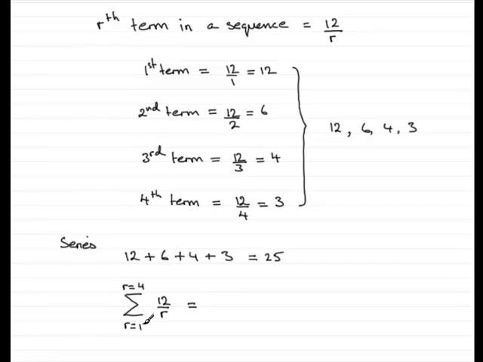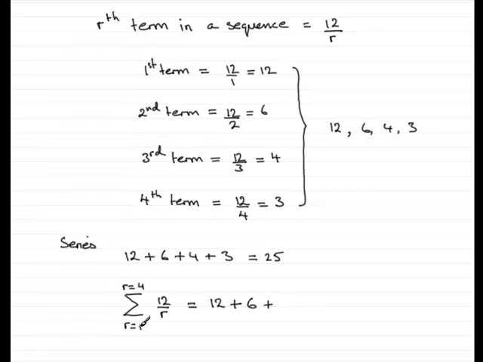Well, what we do is basically the same as what we did here. We set r equal to 1 and we get 12 divided by 1, which is 12. But because we've got a sigma sign, sigma means to add the terms. And so we now set r equal to 2, and we have 12 divided by 2, which is 6. Sigma means to add again.